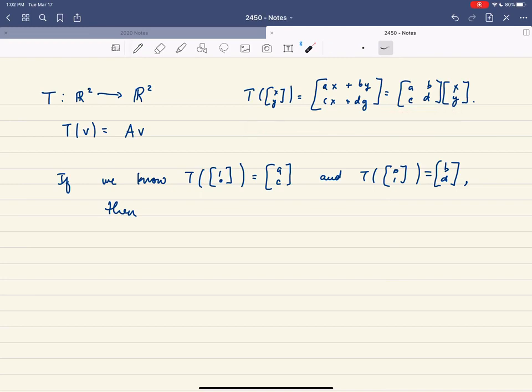So this is actually a two-way street. We know that if our transformation is of this form, then our basis vectors 1, 0, and 0, 1 get sent to (a, c) and (b, d).